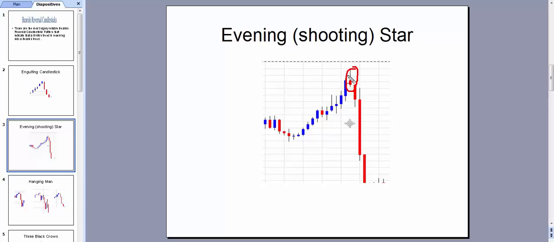It depends on the power of the sellers, when they push the prices down to form this candle and then take the price down, correcting this uptrend. So those are the criteria of an evening star.